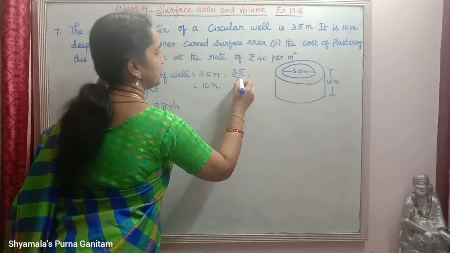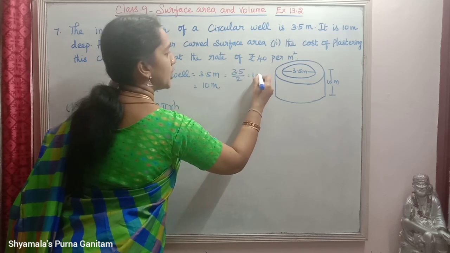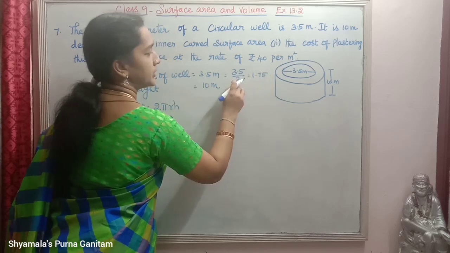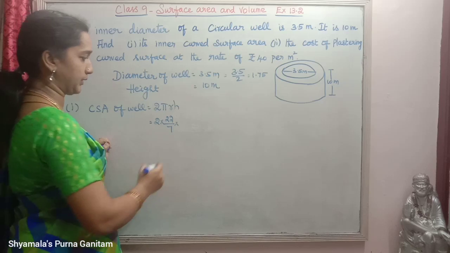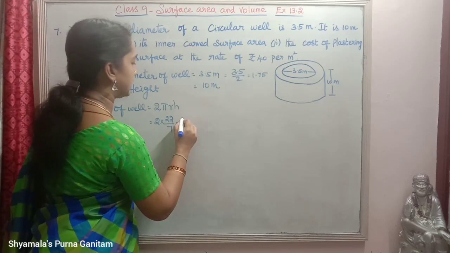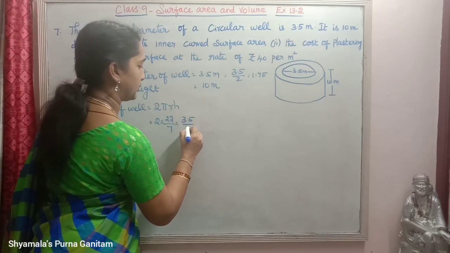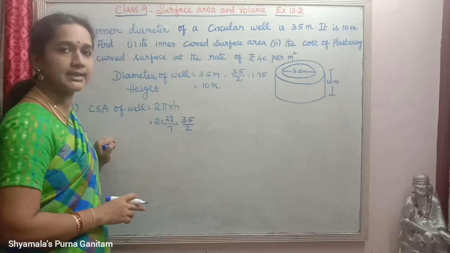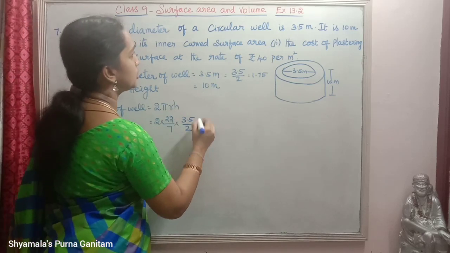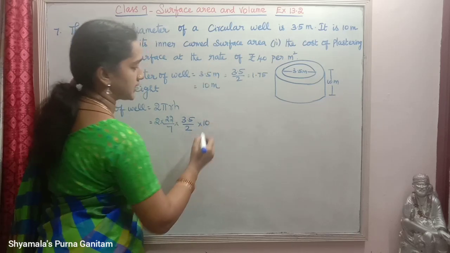3.5 by 2 is 1.75. But we will write that as 3.5 by 2 itself. So 2 into 22 by 7 into radius 3.5 by 2 into height 10 meters.